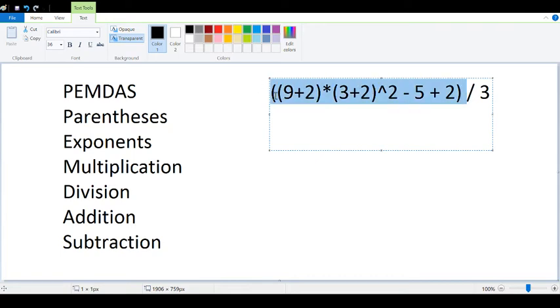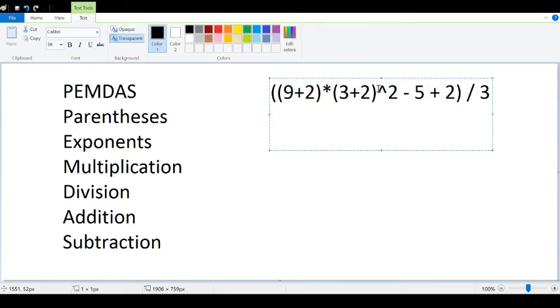So that means we're going to do all this first because it's in parentheses and it shows up first in our PEMDAS, parentheses. So we know just by looking, we're going to solve everything in here within those parentheses first. Okay, you also see there's some more parentheses in here. And yes, you're correct. We are going to do those first.